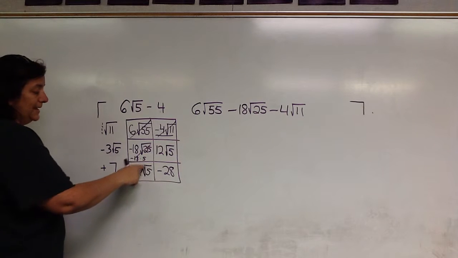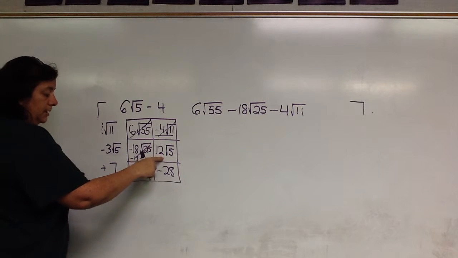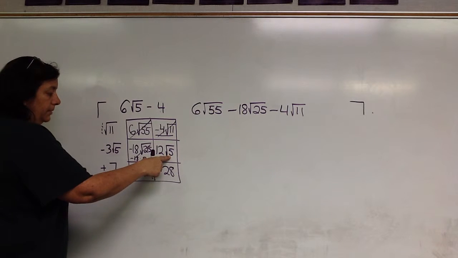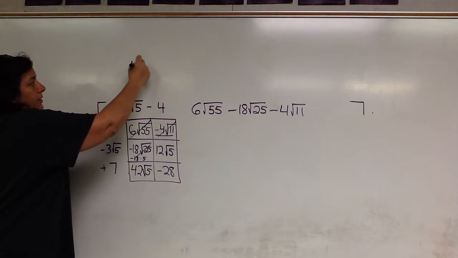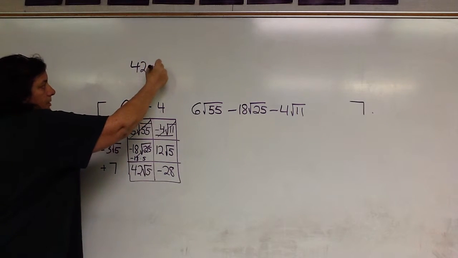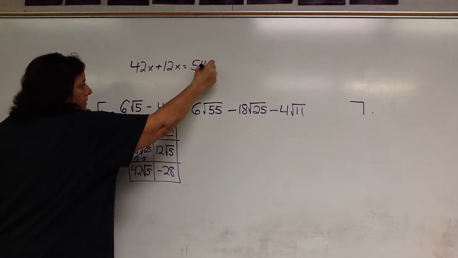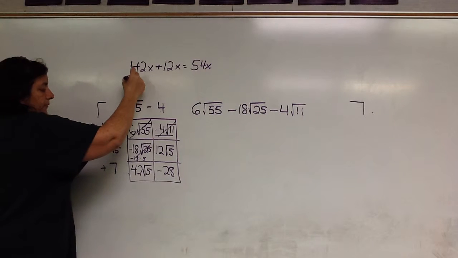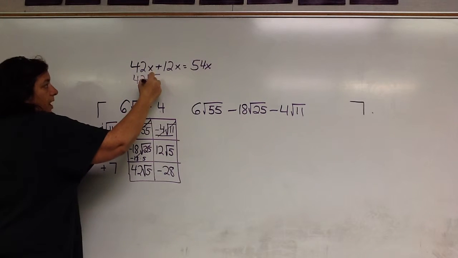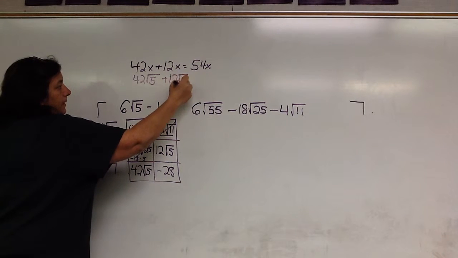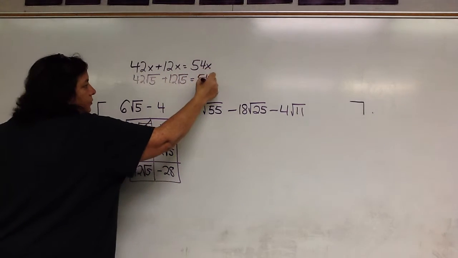So what we're going to do is we actually add the things inside the boxes. And when you're adding radicals, you actually keep the radical the same. Very similar to if you had 42x plus 12x, we would say that was 54x. Likewise, if you have 42 root 5 plus 12 root 5, we'll say that it's 54 root 5.